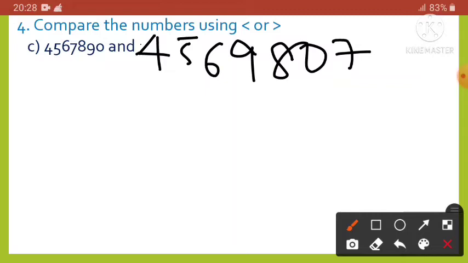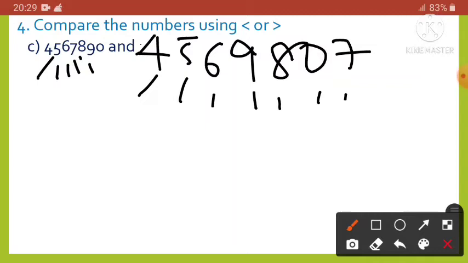Now we have to compare, and we have already learned how to compare those numbers. At first we have to count the number of digits. So here 1, 2, 3, 4, 5, 6, 7, and here also 1, 2, 3, 4, 5, 6, 7. Okay, so the number of digits is the same here.